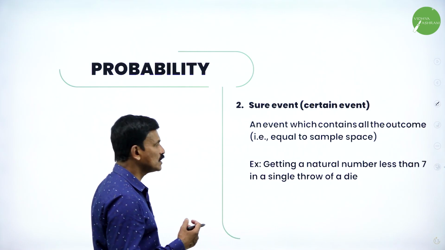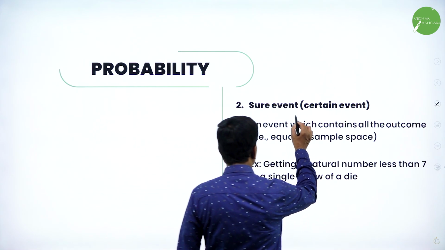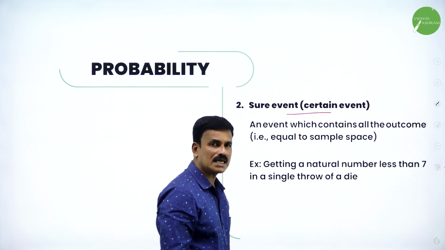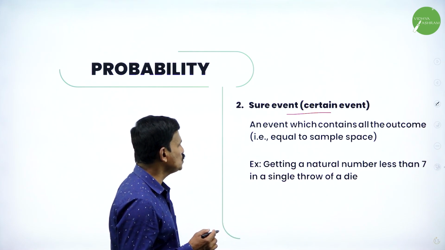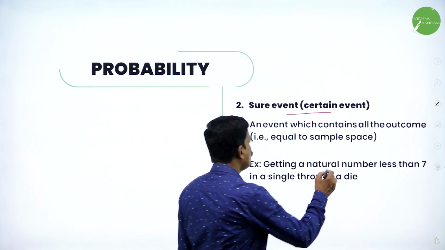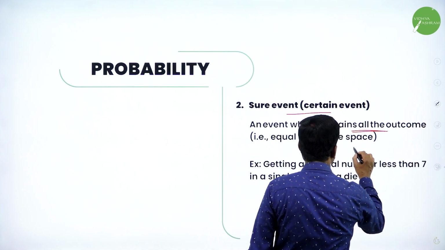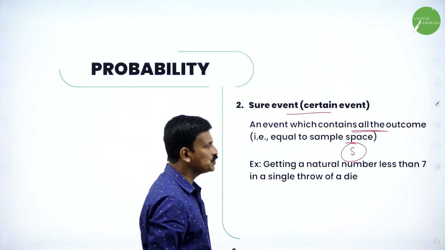Now, let us consider sure events. What is a sure event? They are also called certain events. An event which contains all the outcomes, that is equal to the sample space, is nothing but the sample space itself. So, the sample space is nothing but the sure event.